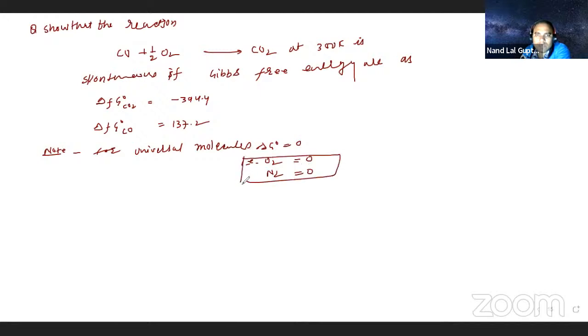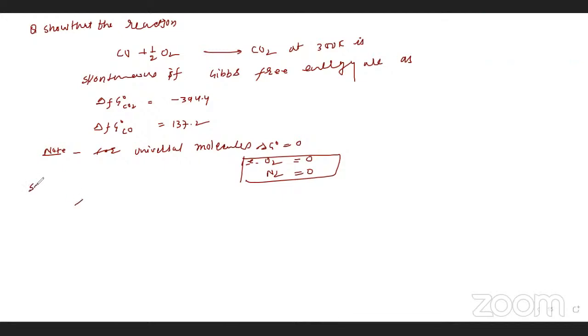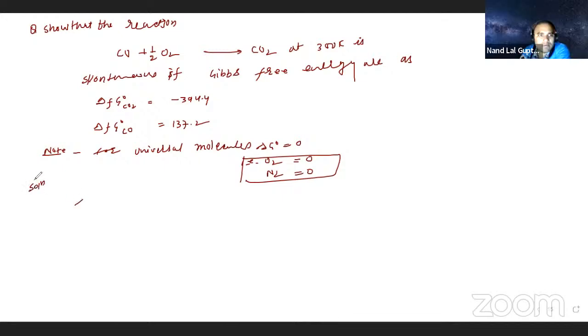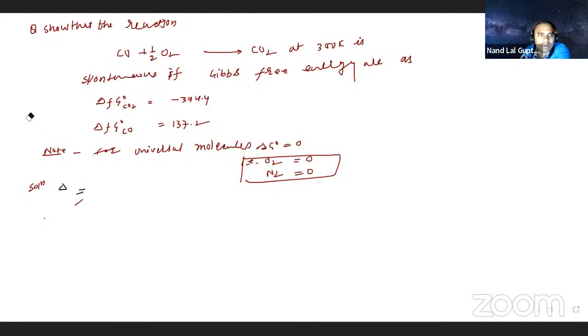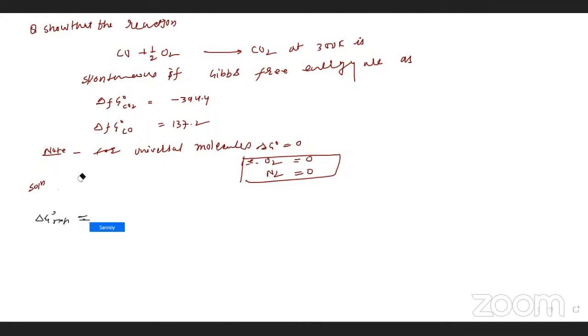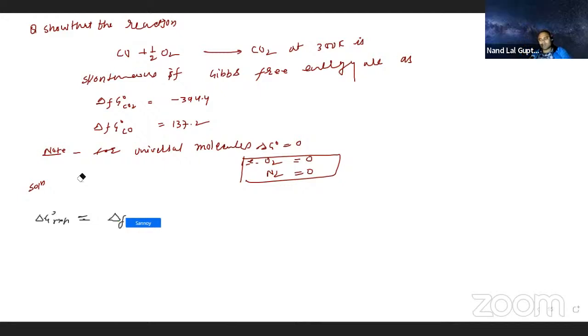They are universal molecules, already present. How can you do the solution? They are asking only for the Gibbs free energy, not the standard. If they are asking for the standard, then you use the standard term: summation of product minus summation of reactant.